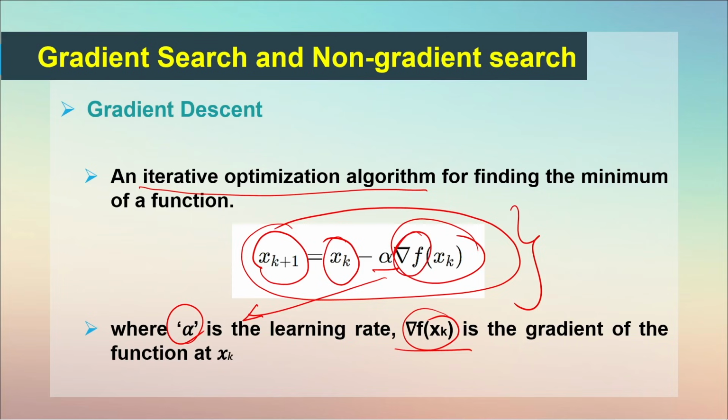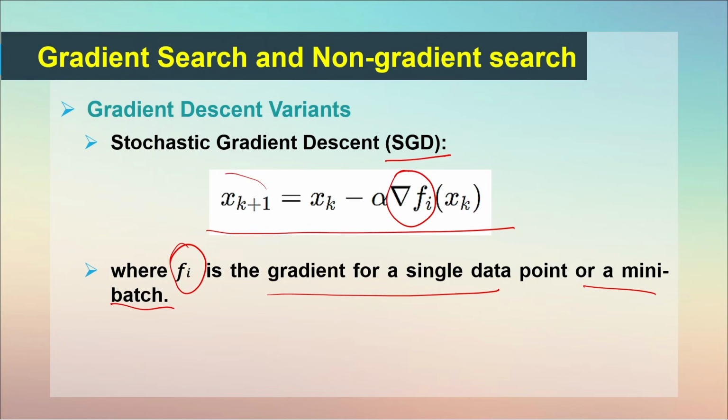Compared to the previous one, where we had del f, here del fi is included. This is one of the variants. So there is a smaller change, but if it has a greater impact, then you may treat that as one of the gradient descent methods. Here the new value of xi is equal to the old value of xi minus the product of the learning rate with the gradient. The gradient may be for a single point or a batch of points.